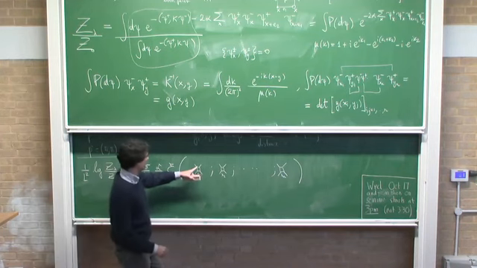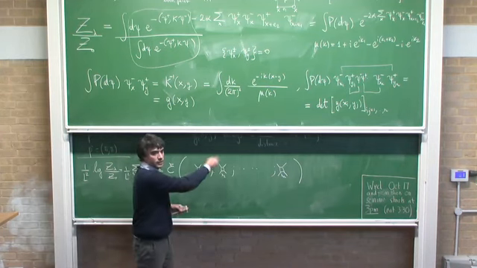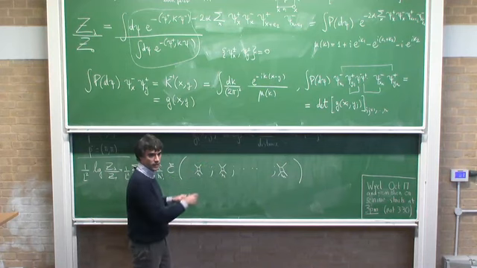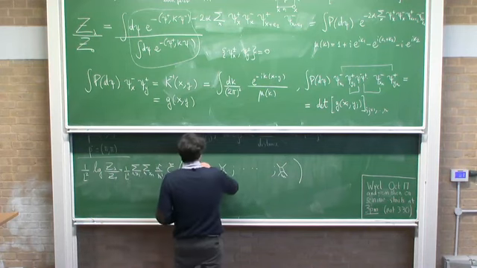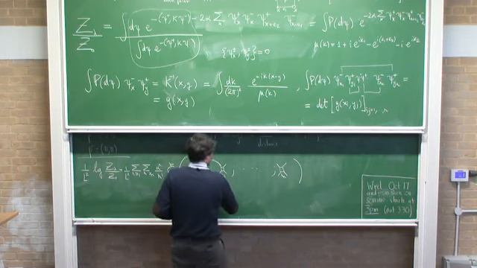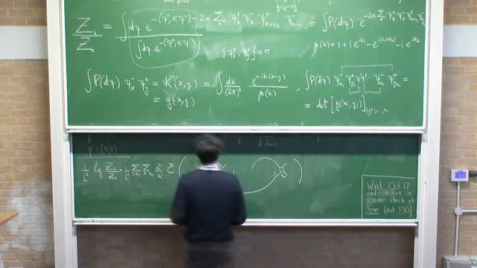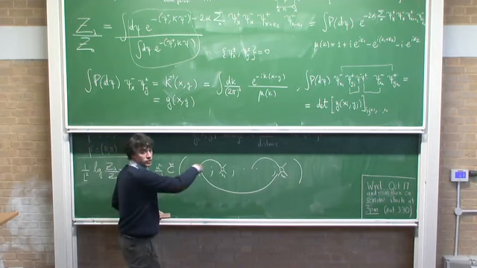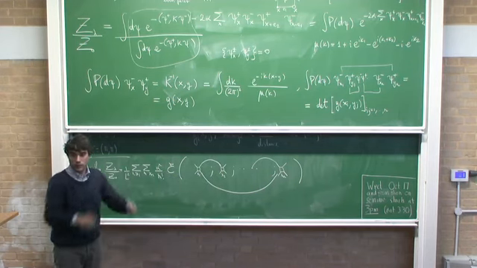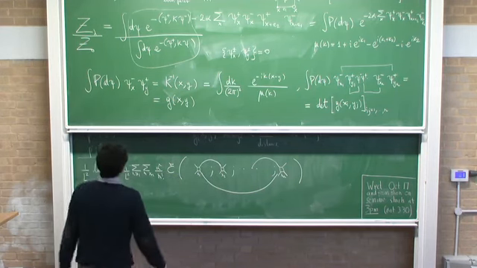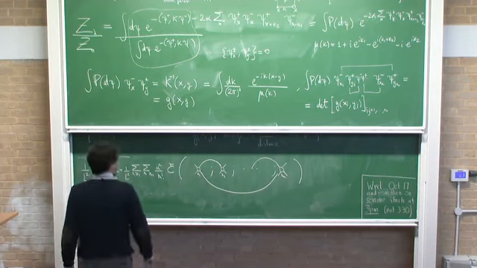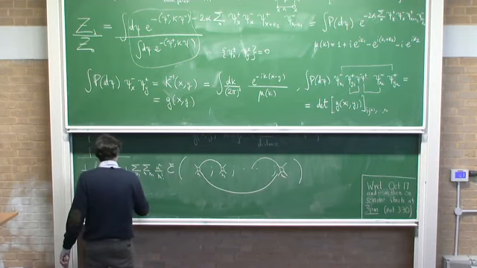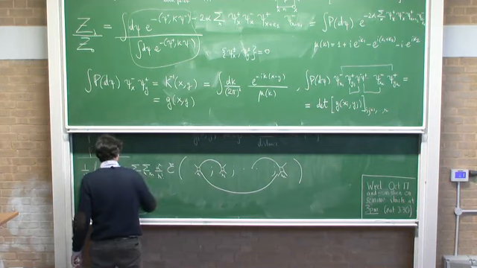The semicolon reminds that you should only retain contractions that produce connected graphs. So something of this sort. Each field, each Gaussian variable should be connected with something else.